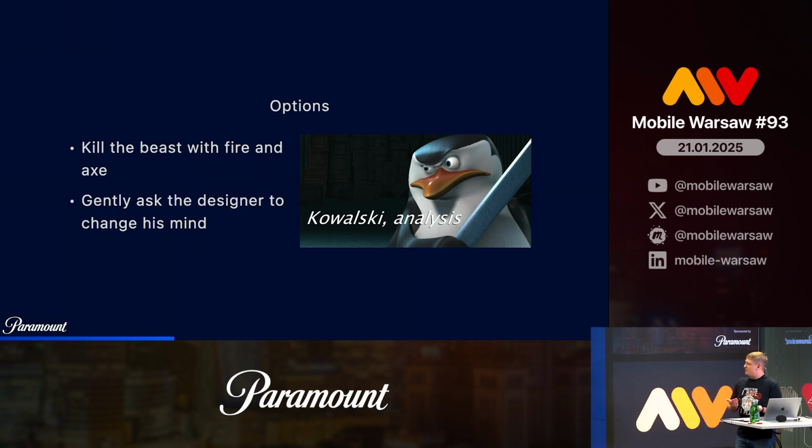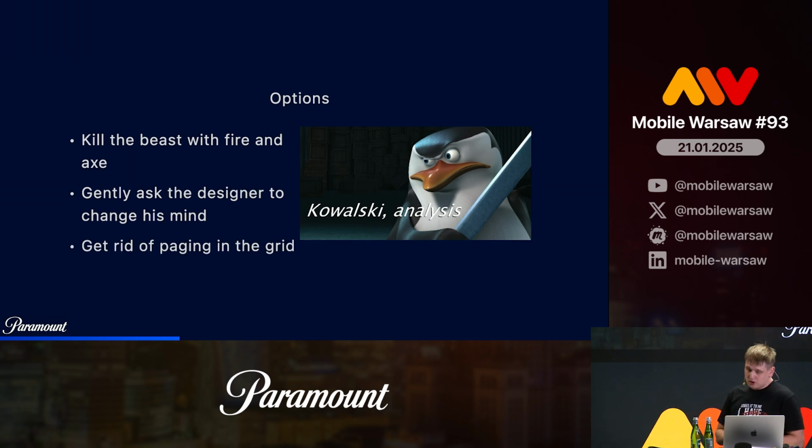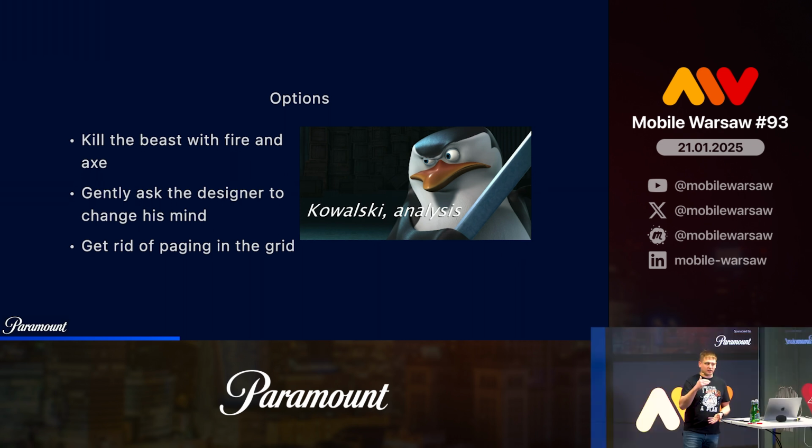It shouldn't be the platform limitation, and he would probably make jokes of us. So the other option that we can take is getting rid of paging inside of a grid. So right now, we could limit the height of the vertical grid so that it's no longer infinity, it's fixed, and that would probably fix our problem.